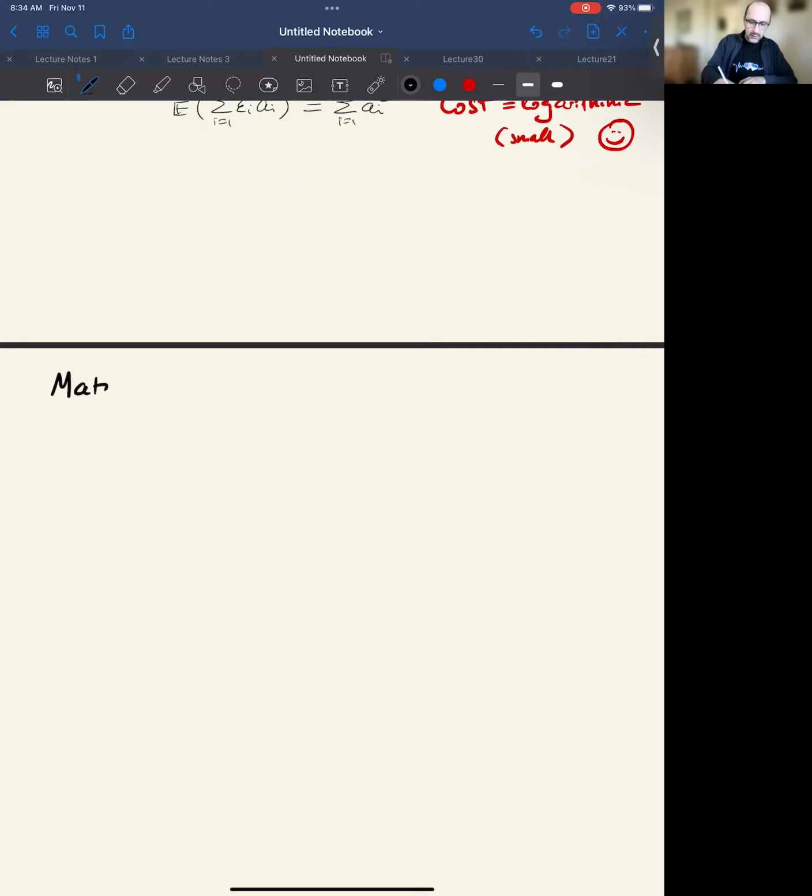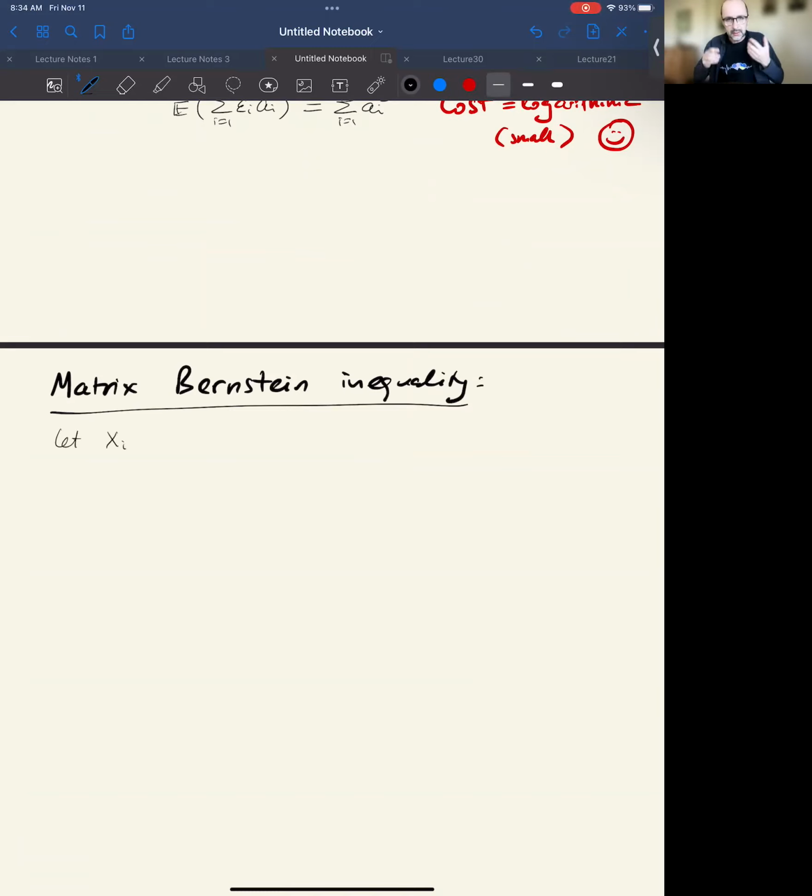So, the matrix Bernstein inequality. I'll just state the matrix version of it. Matrix Bernstein's inequality is about sub-exponential random variables, but let me state it for bounded random variables. So let X_i be independent, mean zero, symmetric d by d random matrices this time.